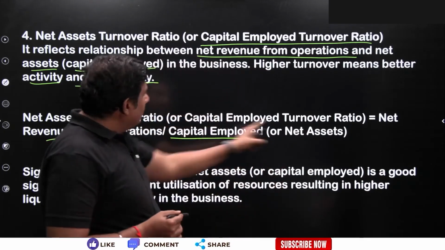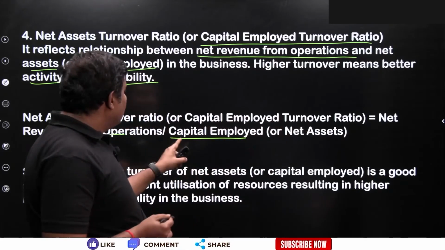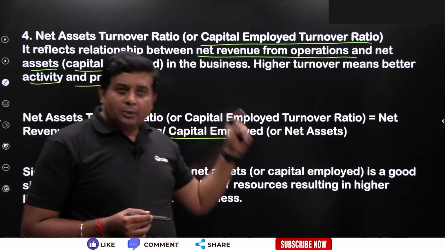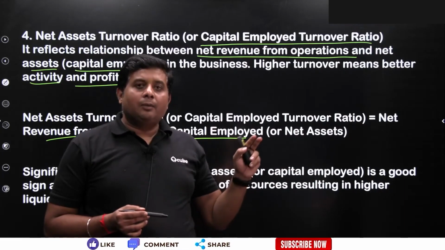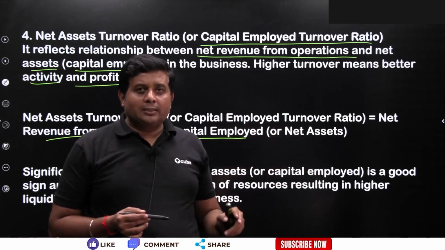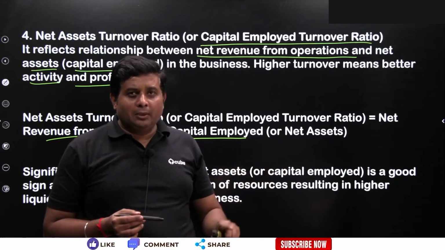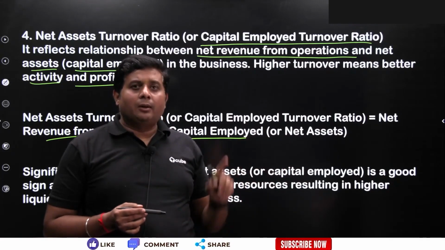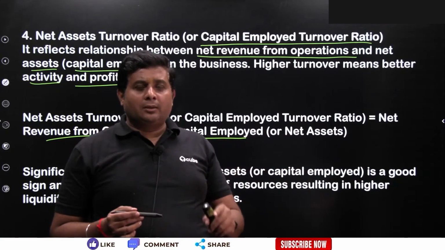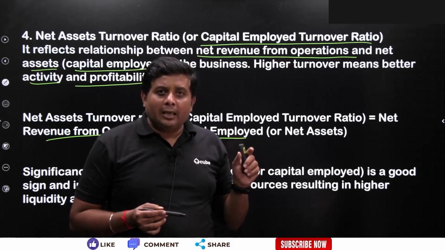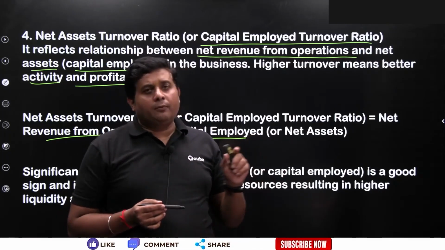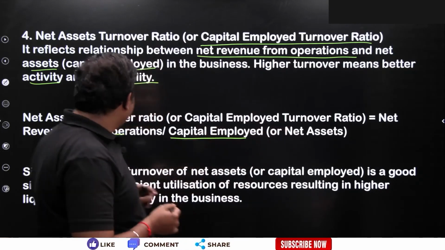So here the formula is net assets. It means depreciation is subtracted from the fixed assets, and if any provision for bad and doubtful debts is given, that needs to be subtracted from the debtors. After subtracting PBDD, which stands for provision for bad and doubtful debts, from debtors, you get the actual value of the debtors. So net means that.